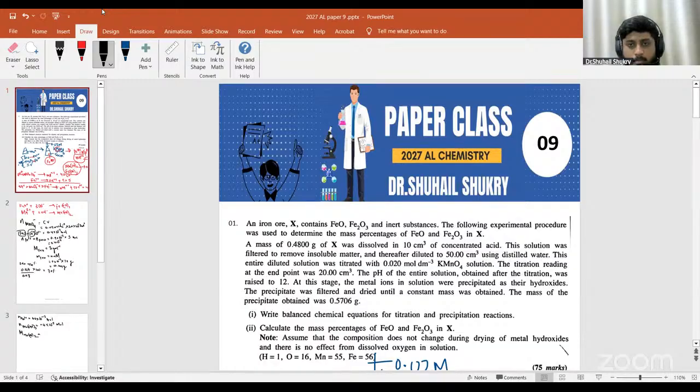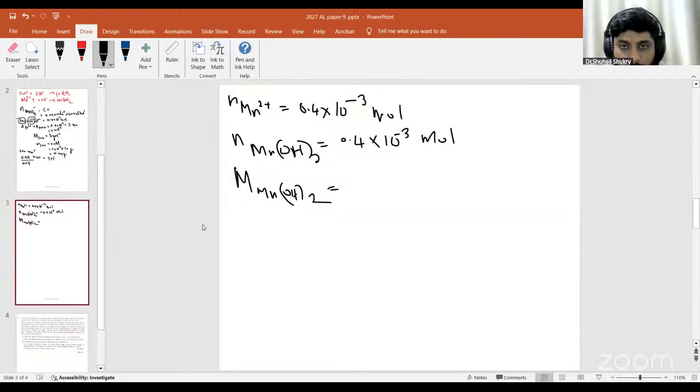Yes, 89 grams per mole. So the molar mass of manganese hydroxide is 89 grams per mole, which means I can find the mass of manganese hydroxide.